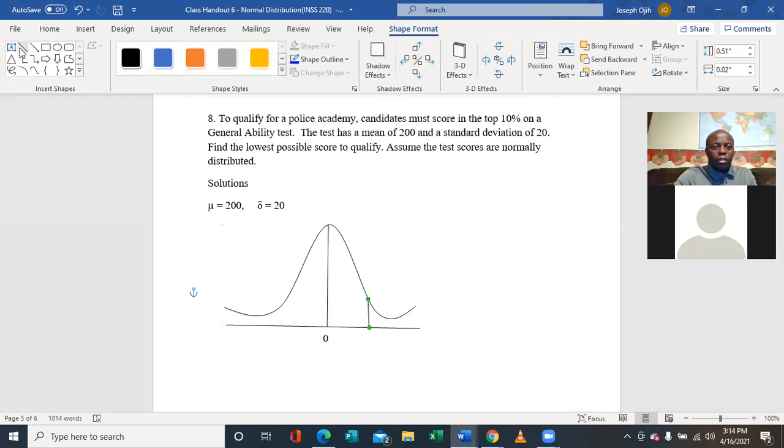So we shade it. This one is located at the tail.